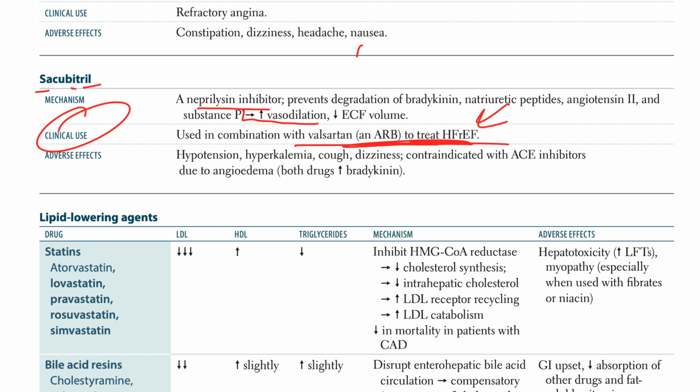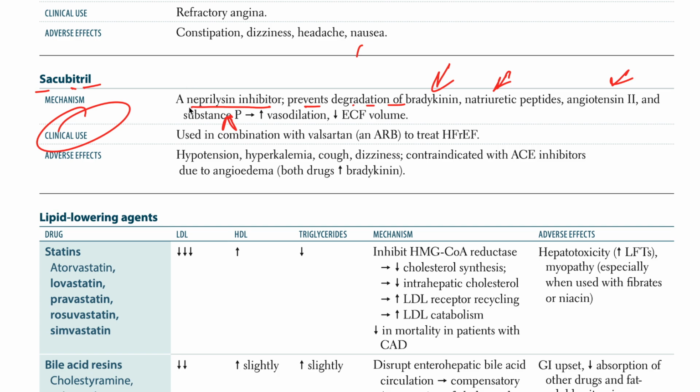So let's talk about this as a mechanism. Normally, neprilysin prevents the degradation of bradykinin, natriuretic peptide, angiotensin 2, and substance P. Okay, let me say one more time.